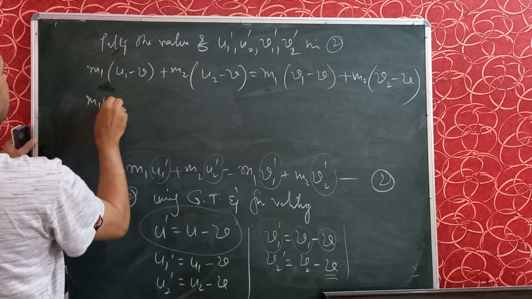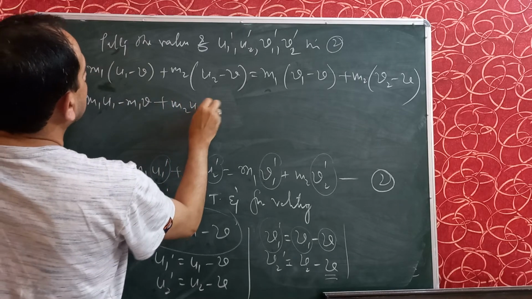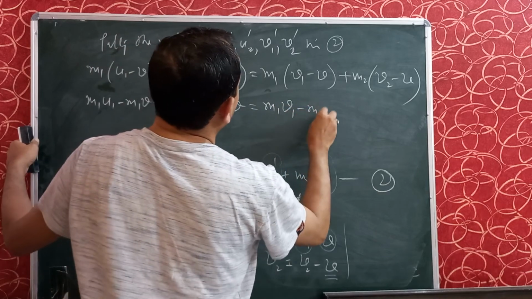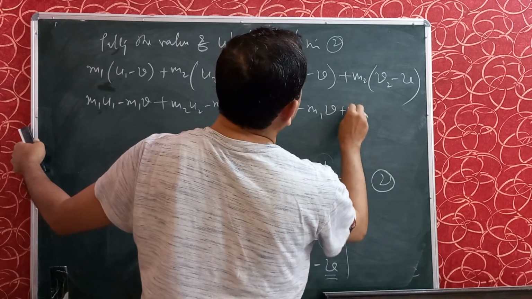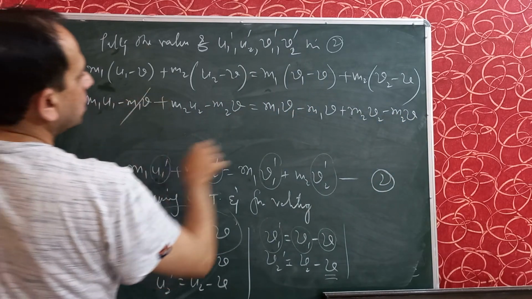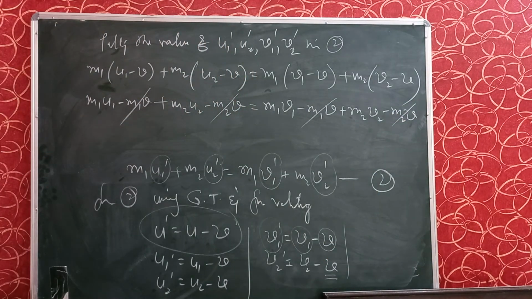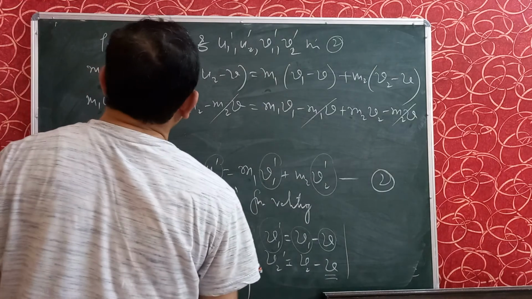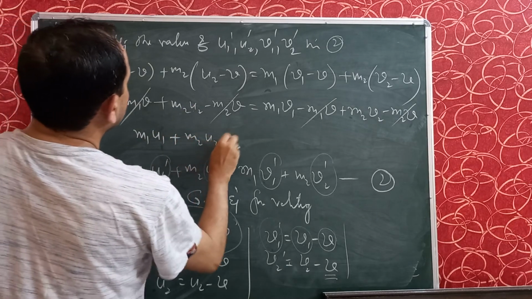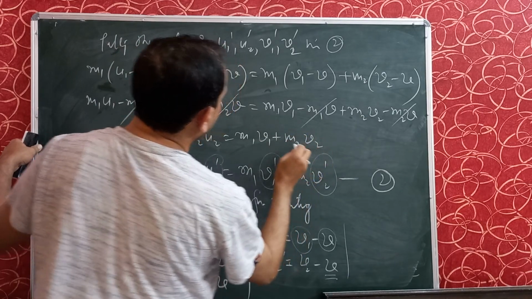It will be m1 u1 minus m1 v plus m2 u2 minus m2 v equal to m1 v1 minus m1 v plus m2 v2 minus m2 v. So m1 v will cancel out. Similarly, m2 v is the same on both sides, therefore it will cancel out, and we get the final answer m1 u1 plus m2 u2 is equal to m1 v1 plus m2 v2.